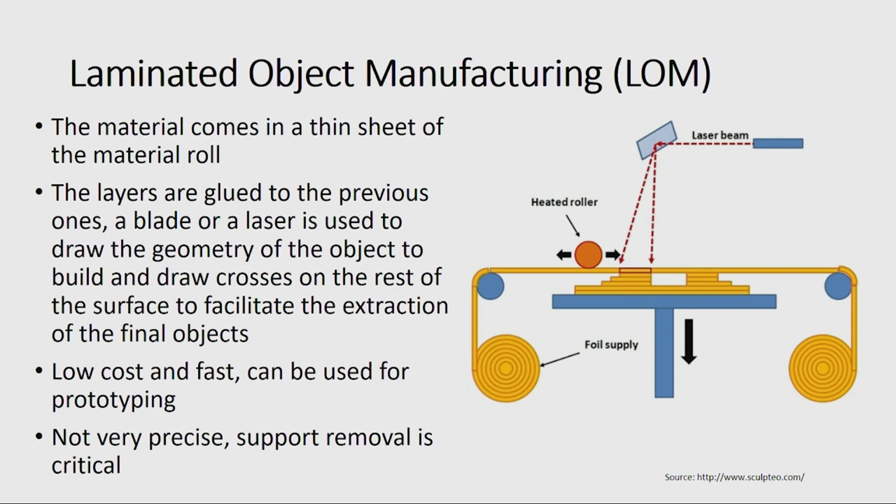Then in laminated object manufacturing, the multiple layers are glued together. If the material used is paper, it is glued, or it will be bonded using heat if it is a polymer.